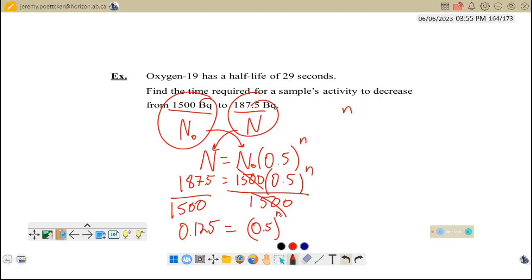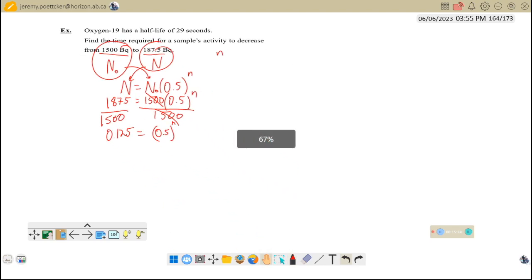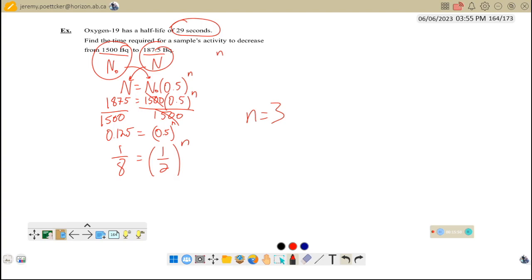Right, and so 1/8 is equal to 1/2 to the n, and I realize n has to be 3. So by guess and check, or by observation, n is equal to 3. So that's 3 half-lives. I'm not quite done. The time required for this to happen is going to be 3 times the half-life, so 3 times 29, which should be 87 seconds.